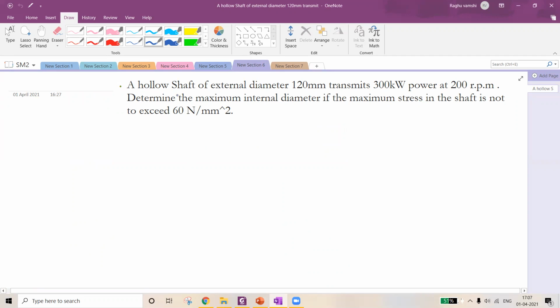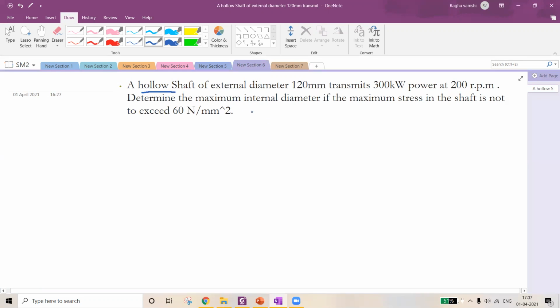A hollow shaft of external diameter 120 mm transmits 300 kilowatts power at 200 rpm. Determine the maximum internal diameter if the maximum shear stress in the shaft does not exceed 60 Newton per mm square.